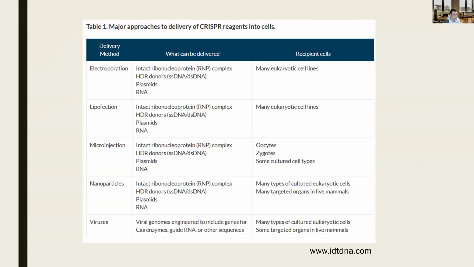So what I'm showing here is, how do we get CRISPR into cells? Well, again, that also depends. If we're talking about this strictly from a lab standpoint, we can use things like electroporation, lipofection, microinjection, things like that. But we are now getting to the point where CRISPR might be able to be used therapeutically.